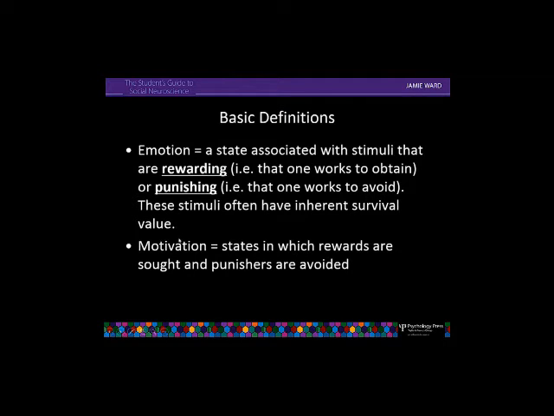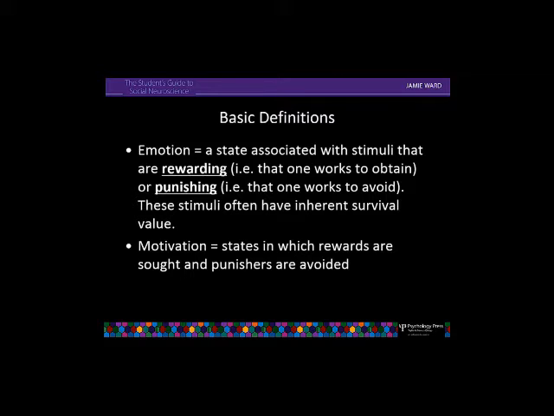And one of the other key distinctions is between emotion and motivation. An example here would be liking and wanting, where liking is an emotion and wanting would be the motivation.